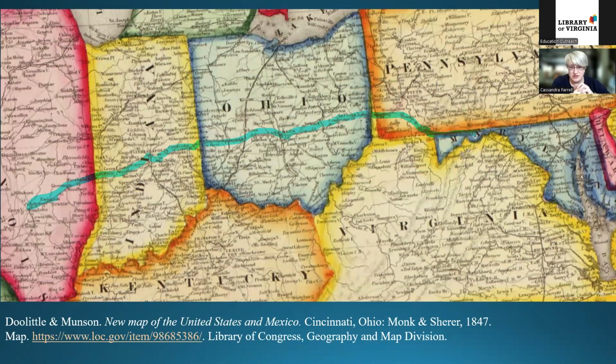If you live in the southern states, you could use the Great Wagon Road that we've seen travel through Virginia, which connects to the Wilderness Road that will take you through Kentucky. And eventually there are roads from Kentucky that emerged that will bring you to Ohio.